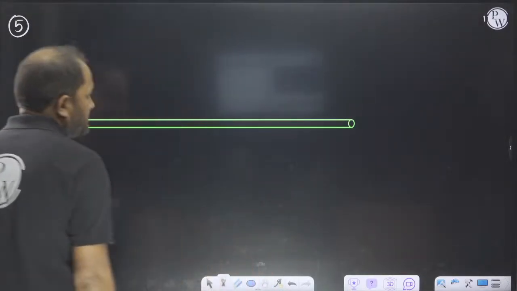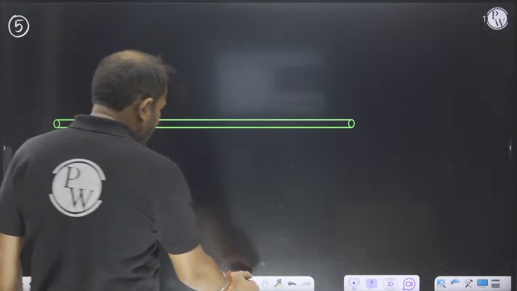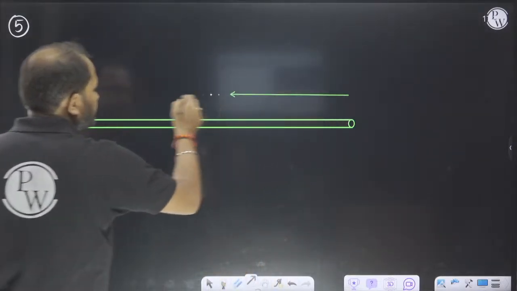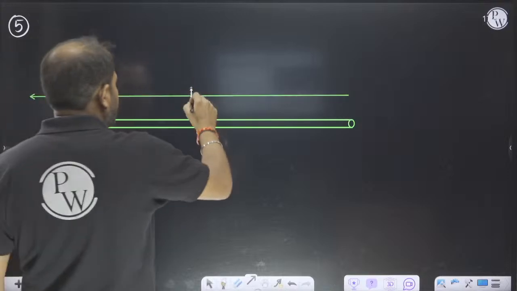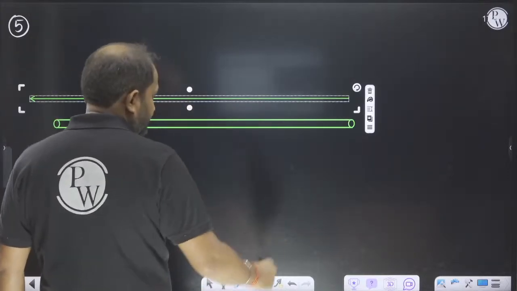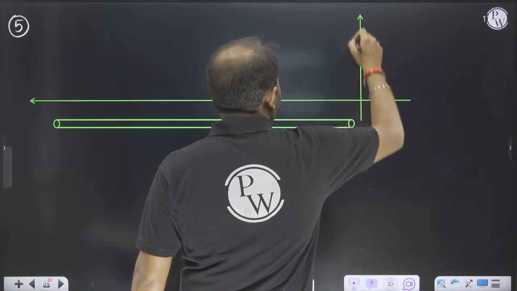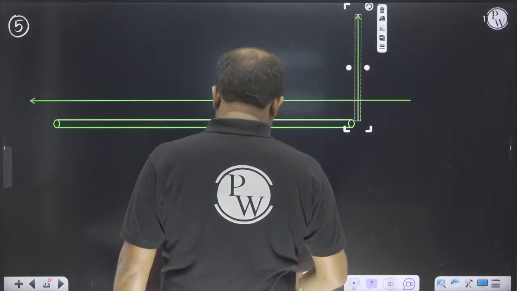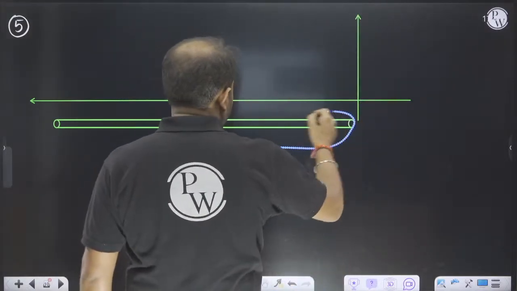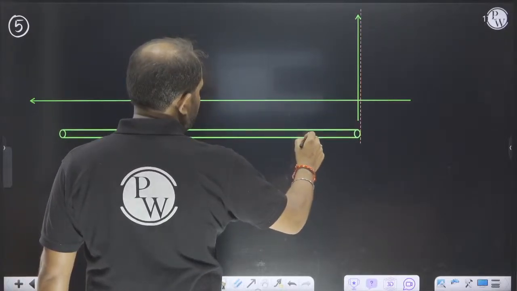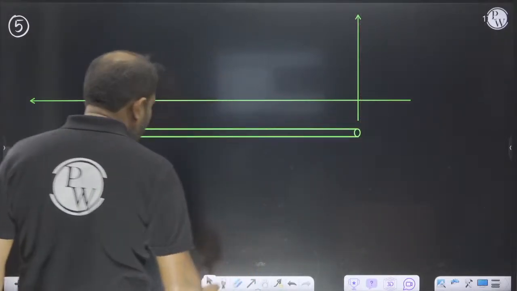This is our transmission line. There is an axis parallel to this. What do you see here?